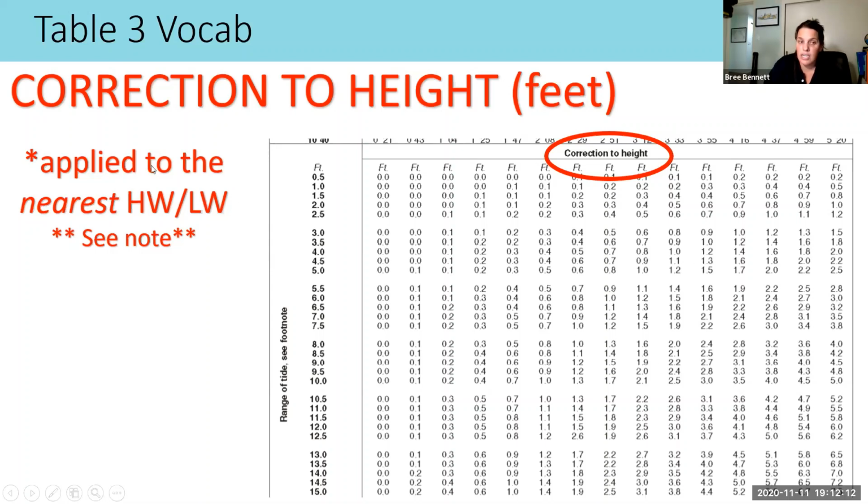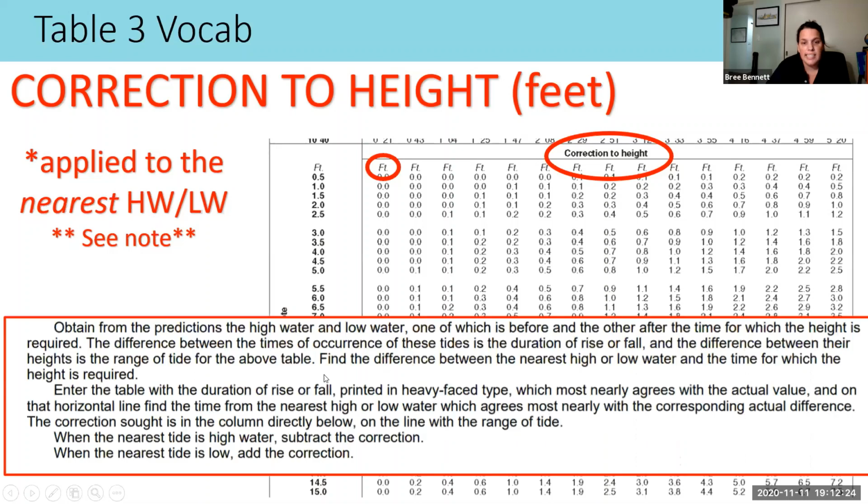Then that correction is applied to the nearest high water or low water that we went to earlier. If we can't remember, we can see the note: applied to the nearest high water or low water. Do I add or subtract that correction?